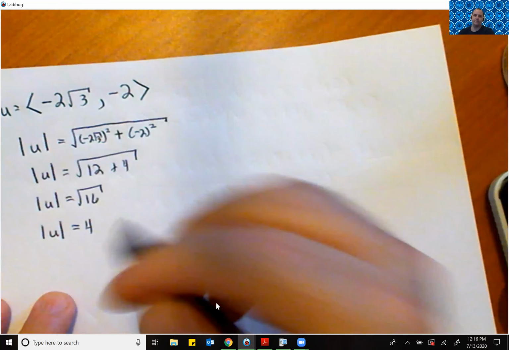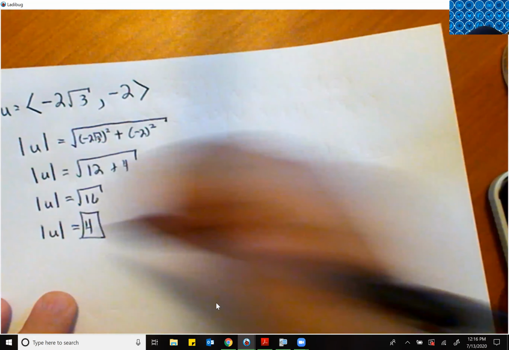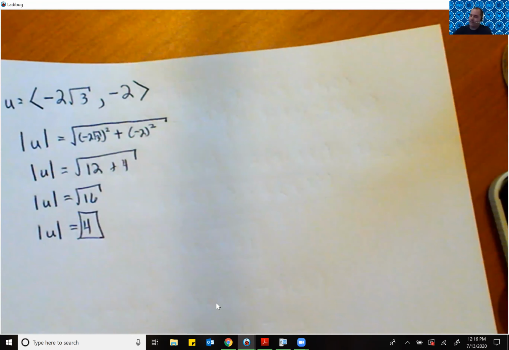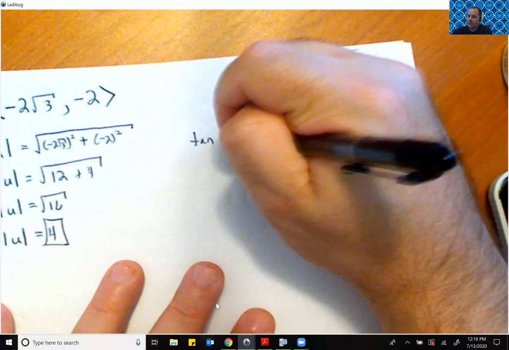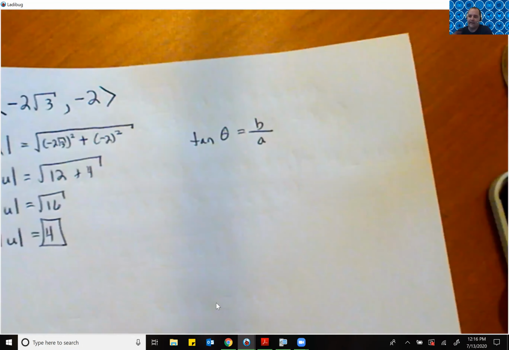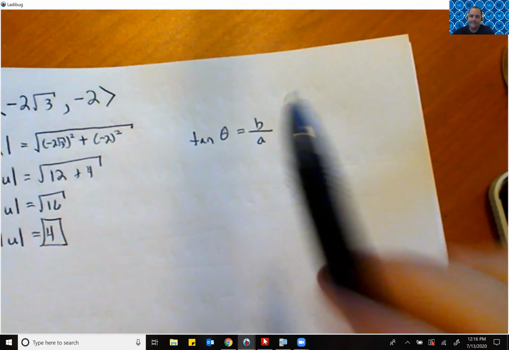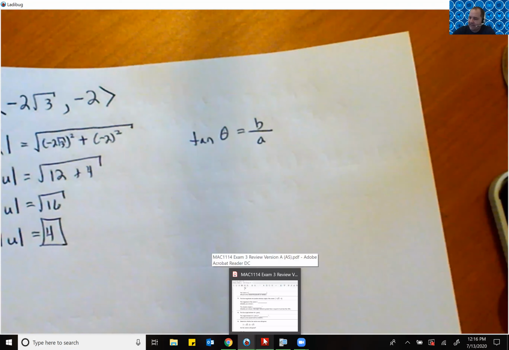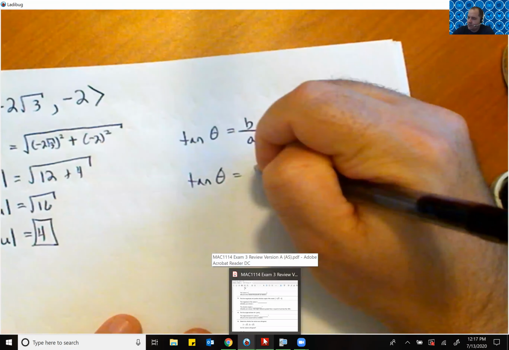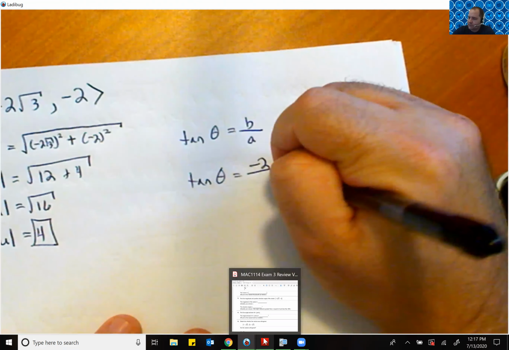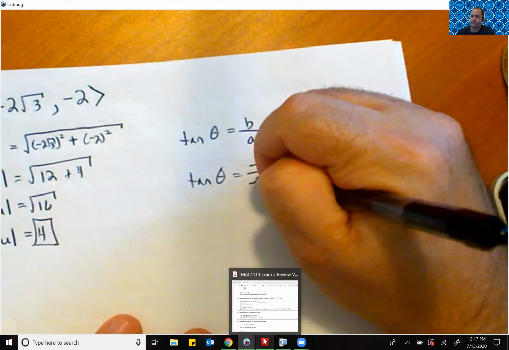It is 4. To find the angle, I'm going to look at tangent theta equal to b over a, kind of like y over x. Okay? So I need tangent theta of -2 all over -2 square roots of 3.